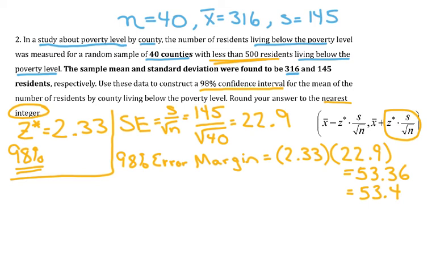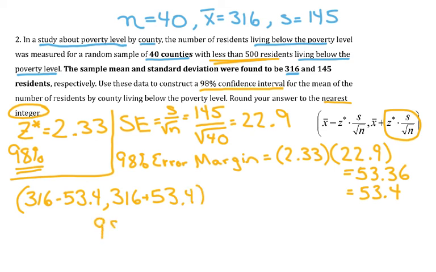Okay, now we're ready to create the confidence interval. I'm going to take my mean, which is 316. I'm subtracting 53.4 and I'm adding 53.4.